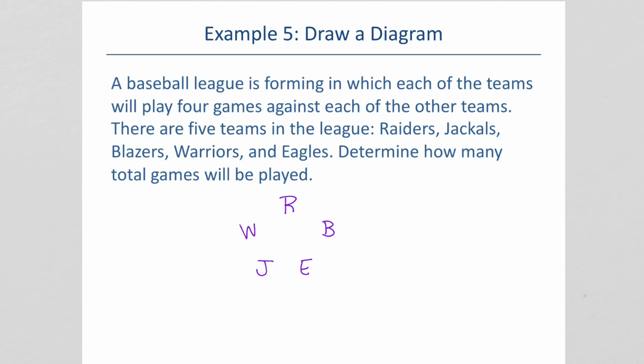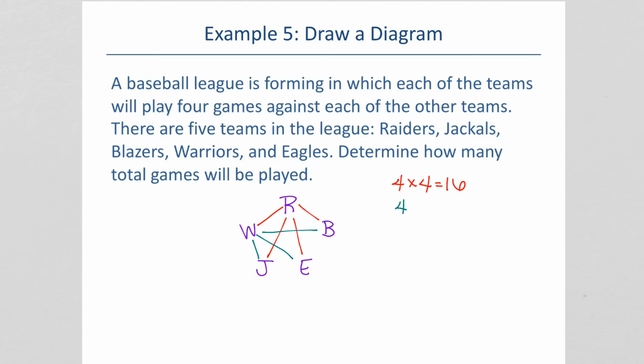So we could just start drawing and count. So the Raiders would play the Warriors, the Jackals, the Eagles, and the Blazers. It says they play 4 games against each of the others. So that would be 4 times 4, or 16 of the games there. Then the Warriors, we don't need to draw a line back to the Raiders because they've already been drawn. So they'd play the Jackals, the Eagles, and the Blazers.